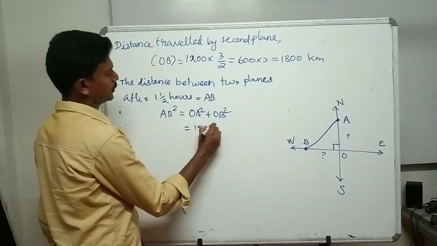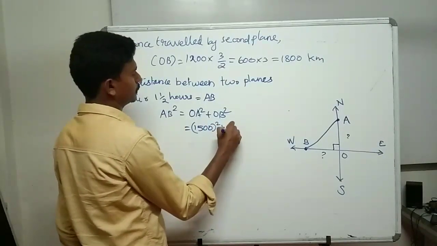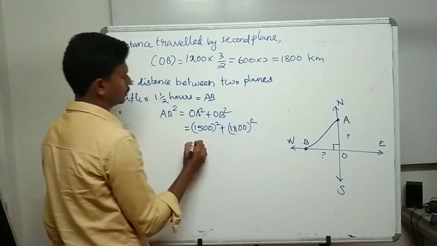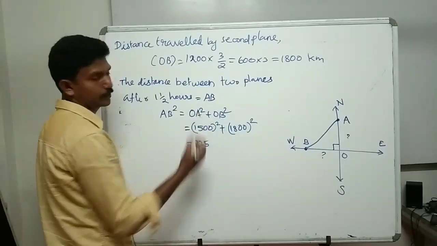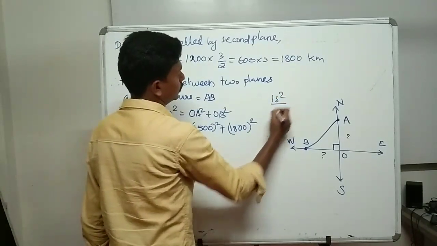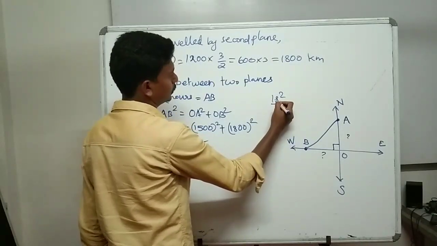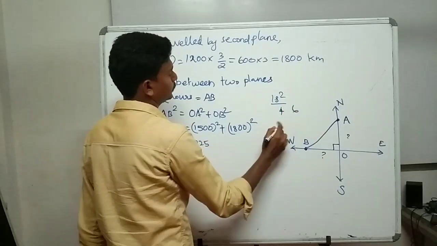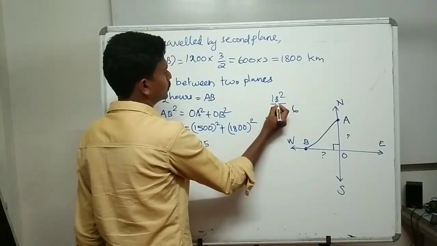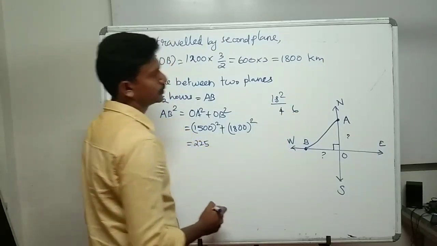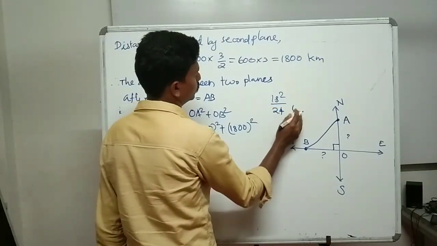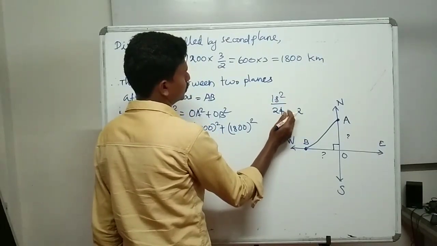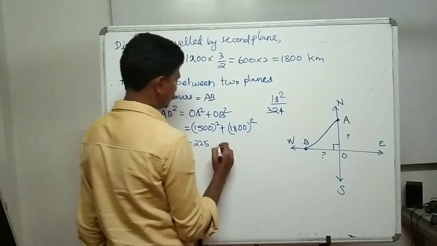So OA is 1500 square plus OB is 1800 square, which is 15 square, 225, and 18 square. We did that earlier: 8 square 64, carry over 6; 1 into 8, 8 into 2 is 16 plus 6 is 22, so 2 carries over, and 1 square is 1 plus 2, 324.